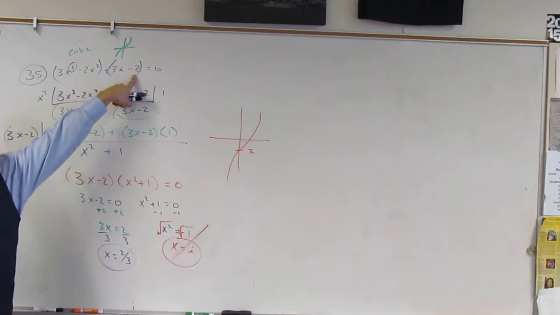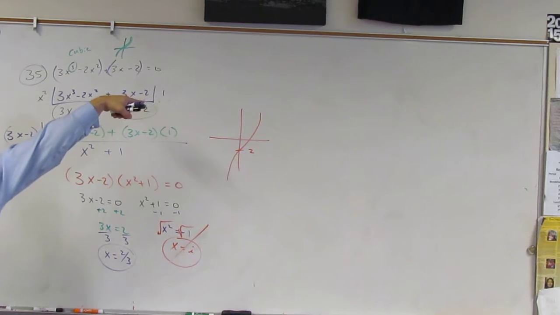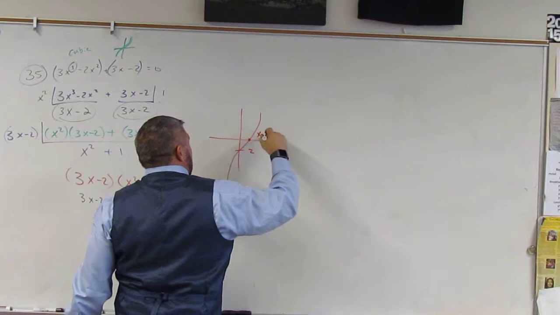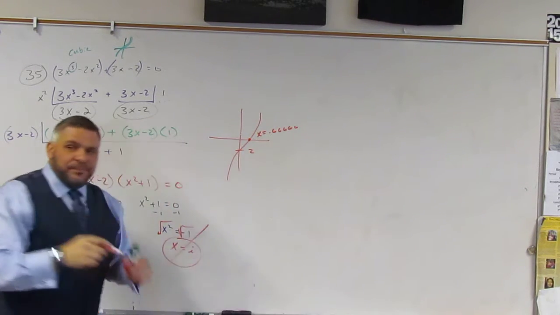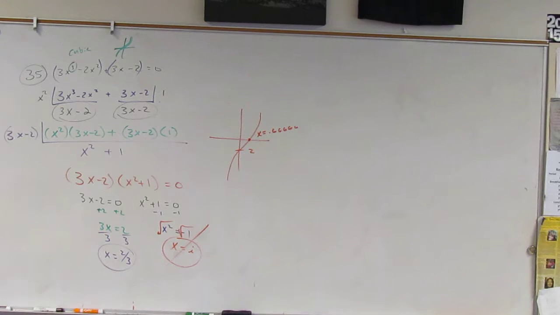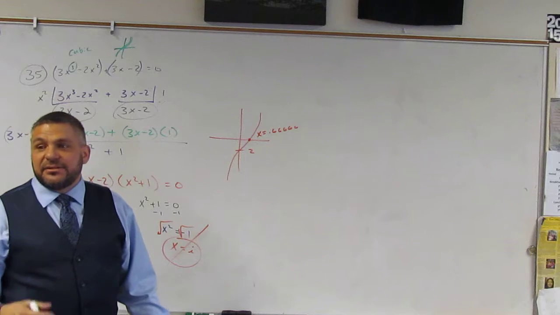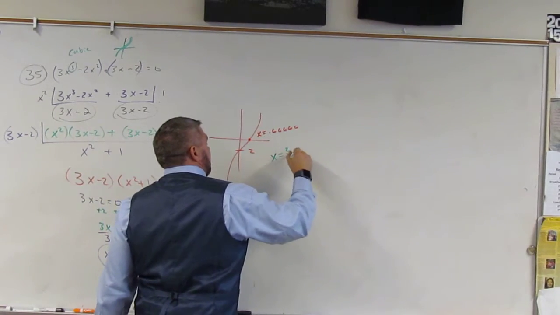That's when x is 0, this would cross at -2, right? And then it'll say x is equal to 0.6666. And so when it says that, they want you to come up with the exact answer. And the exact answer, when it gives you a number like this, would be x equals 2/3.